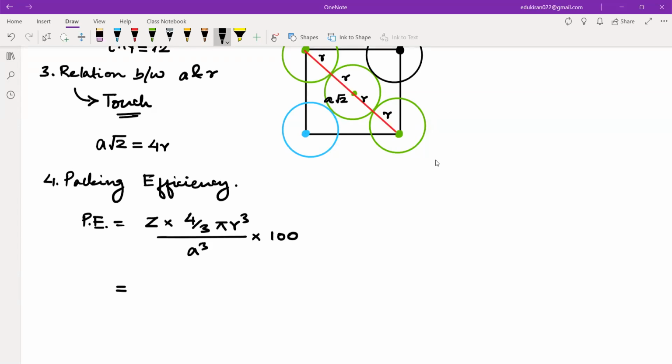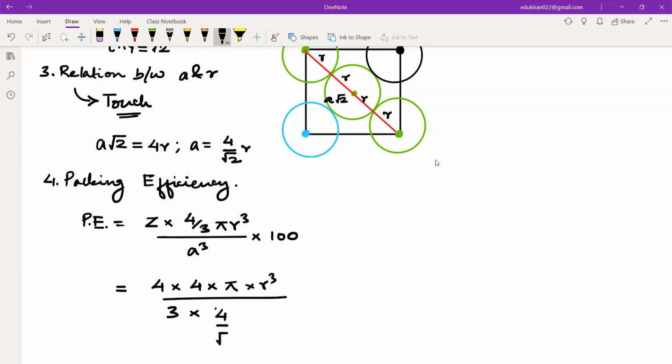How much did you get Z? 4. 4 into 4 by 3 pi r cube divided by a cube, and we can write this a is equal to 4 by root 2 r.